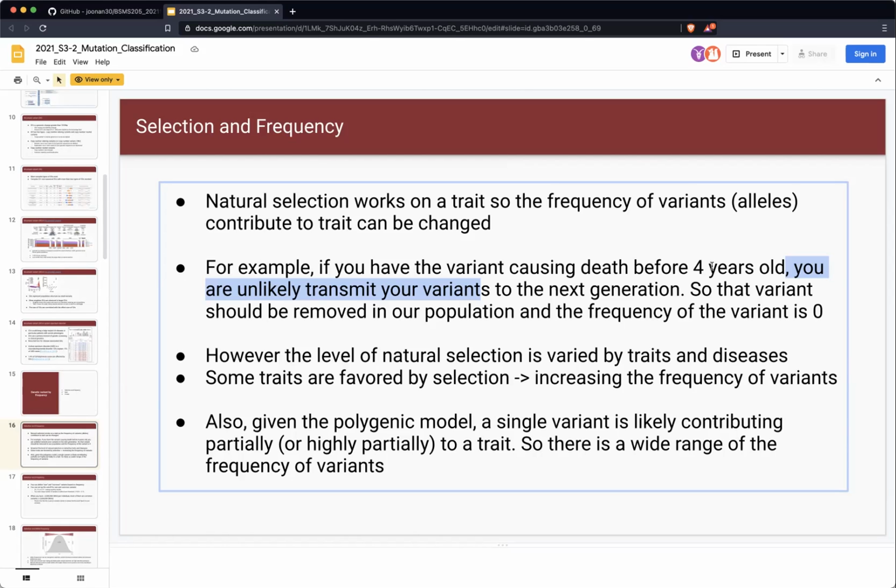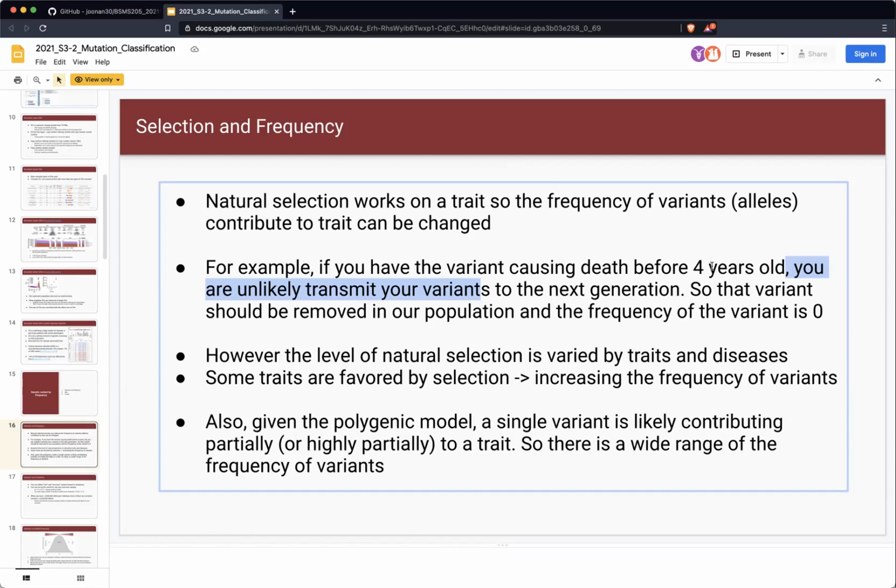So the level of natural selection is how much the genetic variant or alleles can be transmitted to the next generation. This is linked to the probability of the genetic variant.